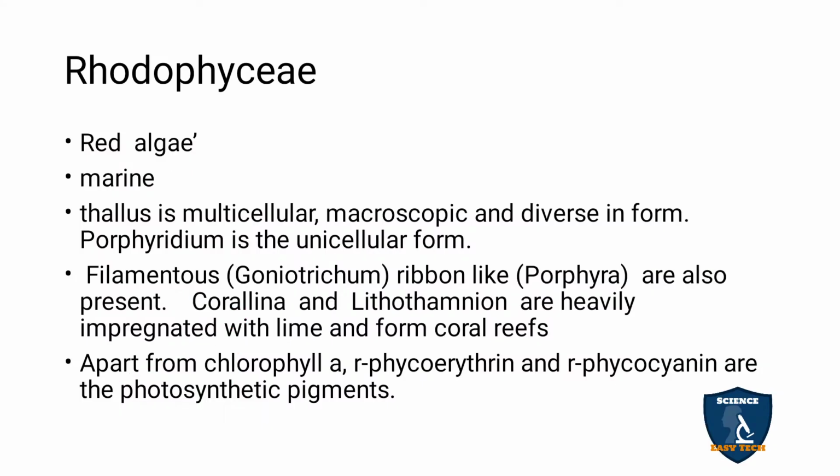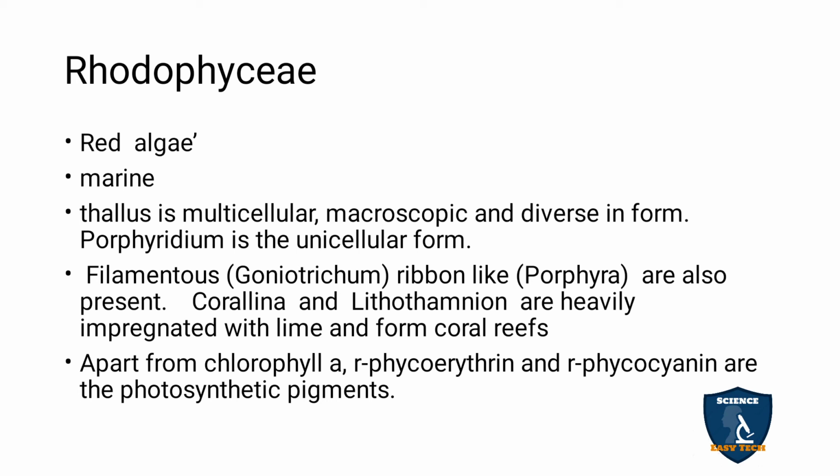So filamentous is Goniotrichum, ribbon-like Porphyra are examples, and Corallina and Lithothamnion are heavily impregnated with lime and form coral reefs.